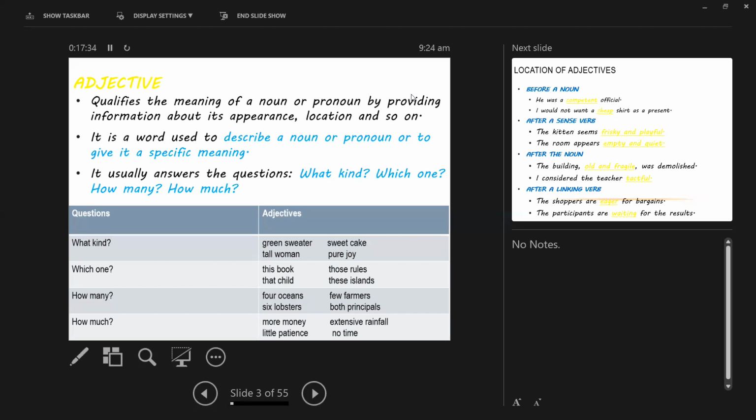You see how adjectives have the power to add meaning and modify a certain noun? So that is the role of an adjective. It is a word used to describe a noun or pronoun or to give it a specific meaning.